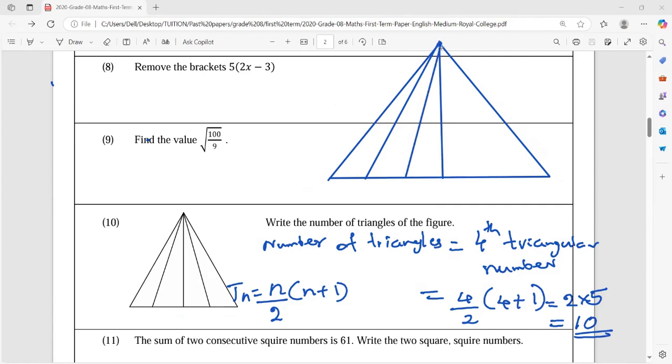Okay, how many small triangles are there? 1, 2, 3, 4, 5. Then the number of all the triangles will be T5 in the triangular number pattern. That means the fifth triangular number.